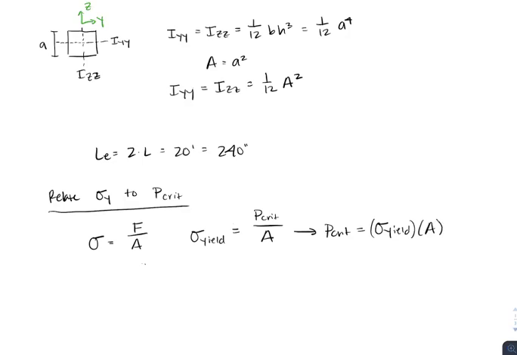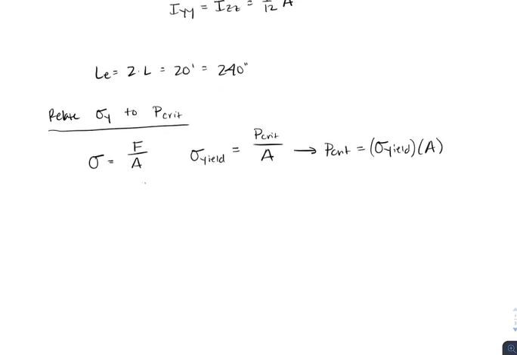So now we just plug this into our Euler Buckling equation. When you plug everything in, you should get that the yield stress times the cross-sectional area is equal to pi squared E times I over L effective squared.